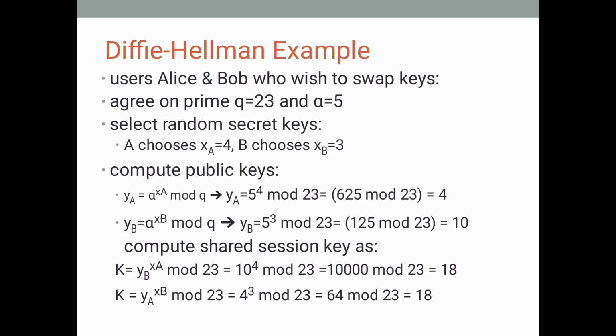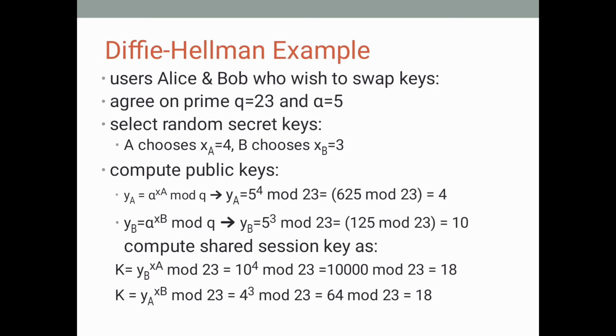At the user A side, he selects the private key as XA is equal to 4, and at the user B side, he chooses the private key as 3.